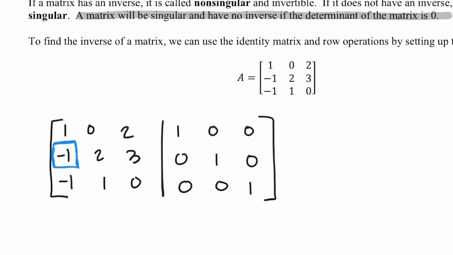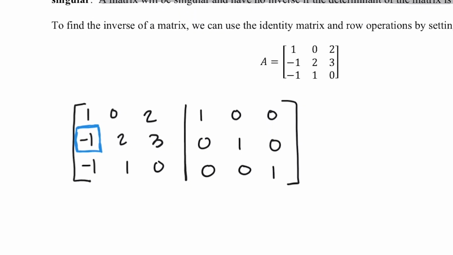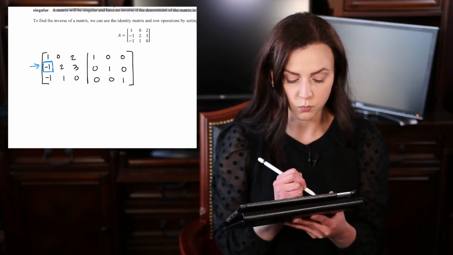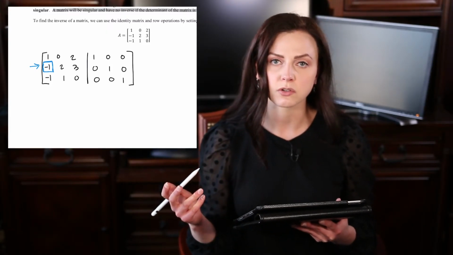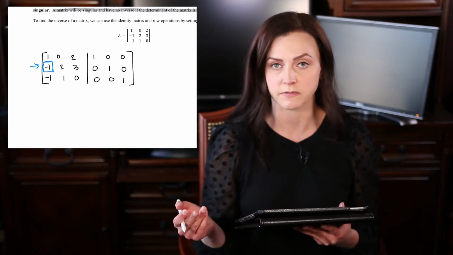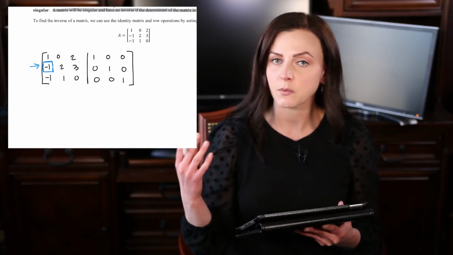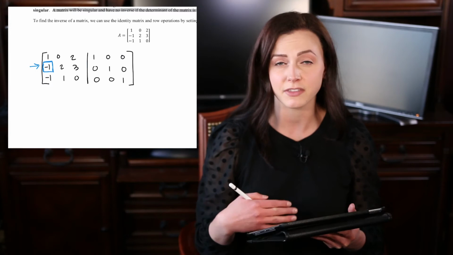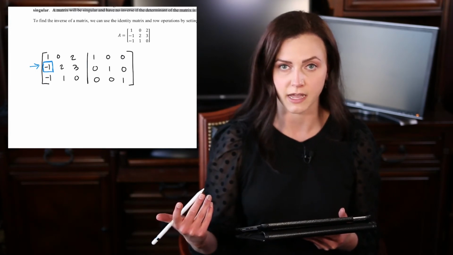So we're going to use row operations to turn the left-hand side into the identity. So what kind of row operation could I do to turn this number right here into a 0? Well, you want to think about what you would do solving with elimination a system of equations. We usually multiply one equation by something because we want to add the two together to get a variable to cancel out.